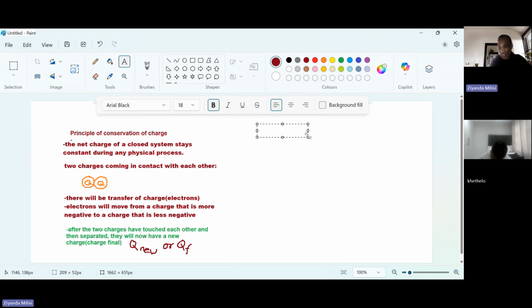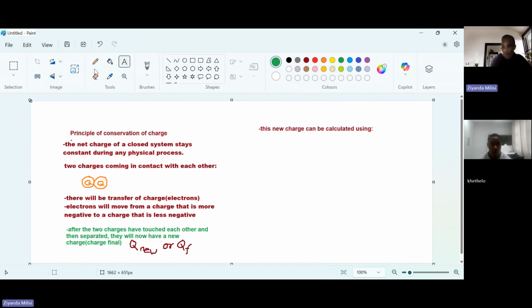This new charge can be calculated using this equation.